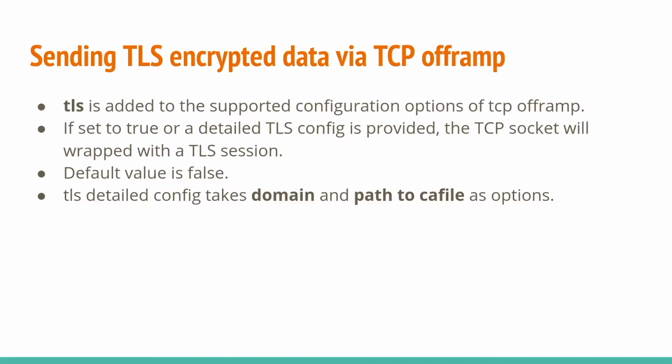TLS could be enabled by providing a boolean true value or a detailed config. In either case, the TCP socket will be wrapped with a TLS session. The default value for this option was false, and the options added to TLS config were domain and CA file.